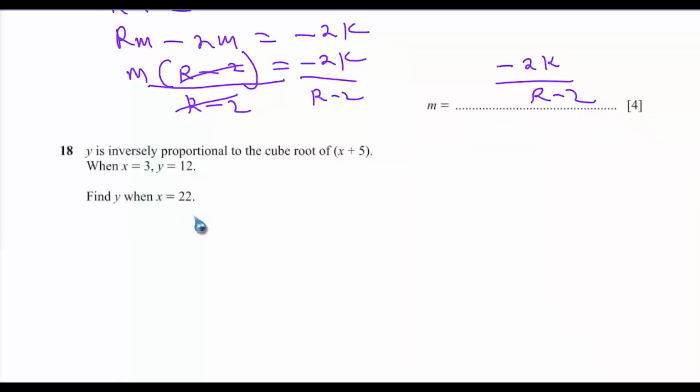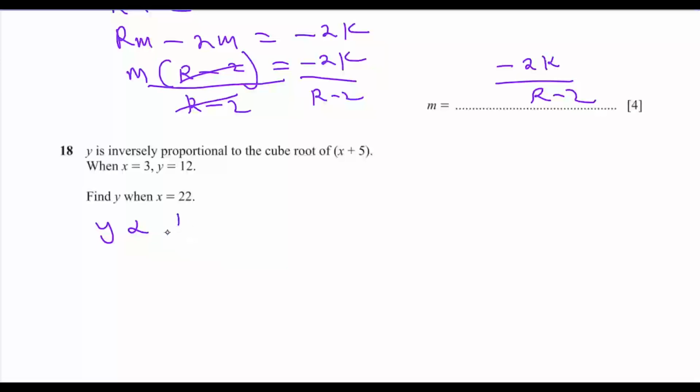Y is inversely proportional to the cube root of x plus 5. When x is equal to 3, y is equal to 12. Find y when x is equal to 22. So firstly, we need to turn this statement into a mathematical statement. So y is inversely proportional to the cube root of x plus 5.